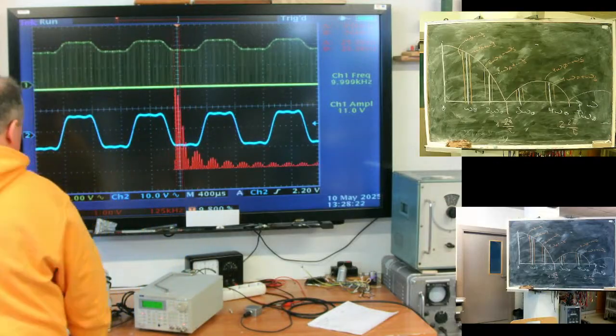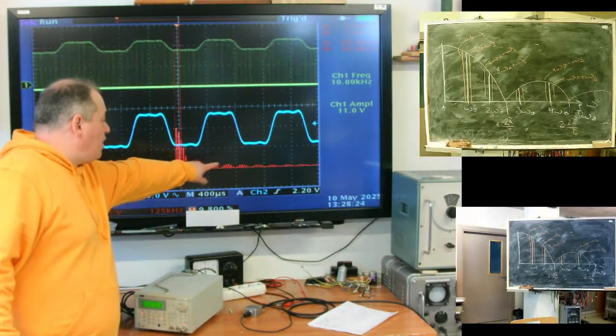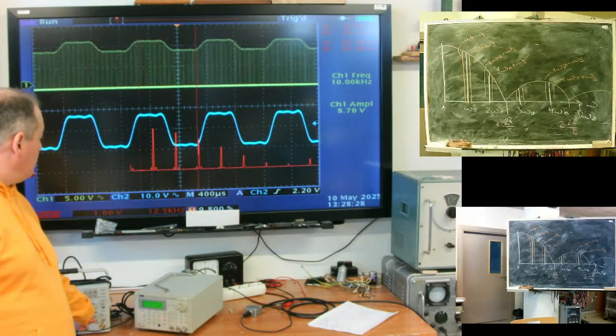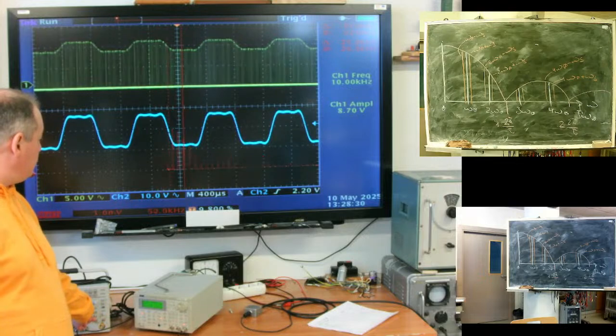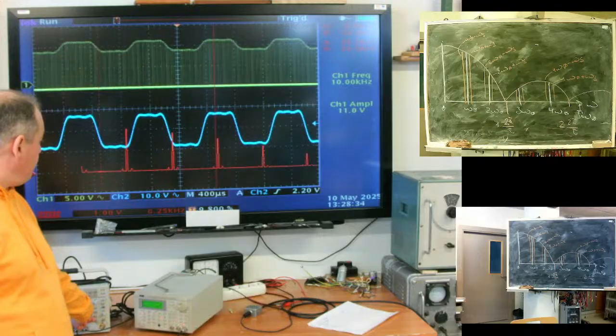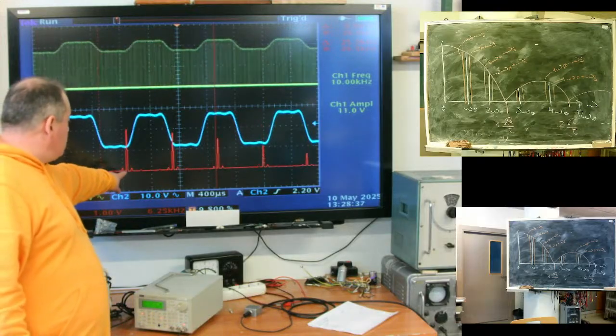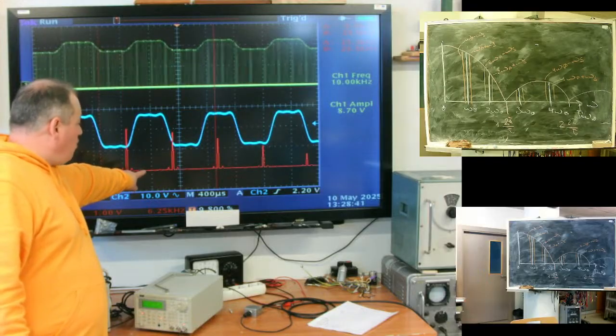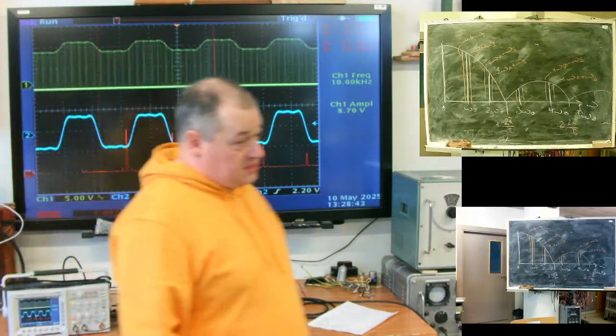In general scale, these are spectral lines of carrier, and in detailed view, around each spectral line of carrier, I see spectrum of my modulating signal.